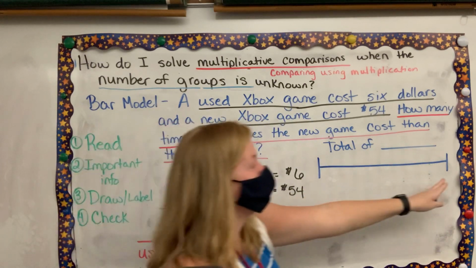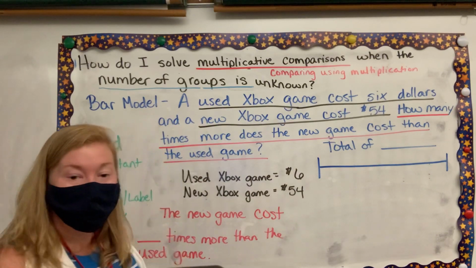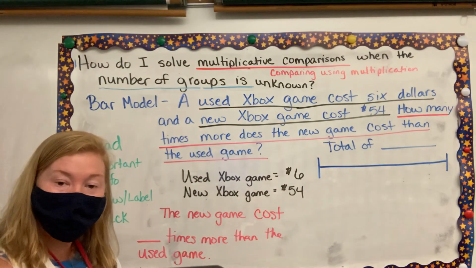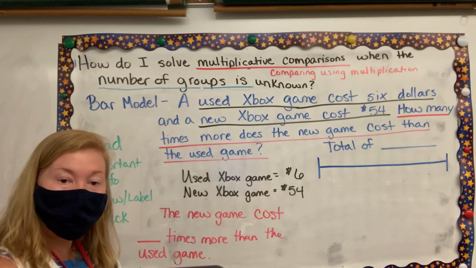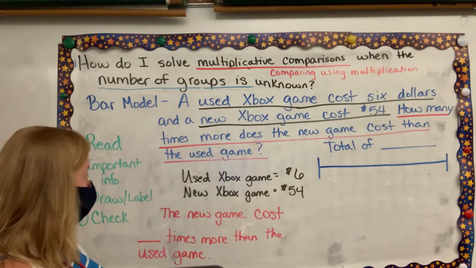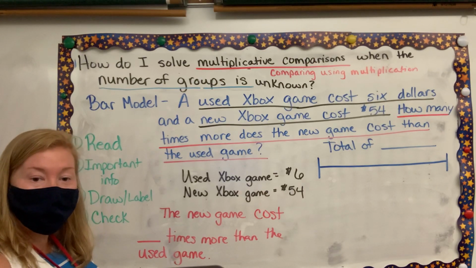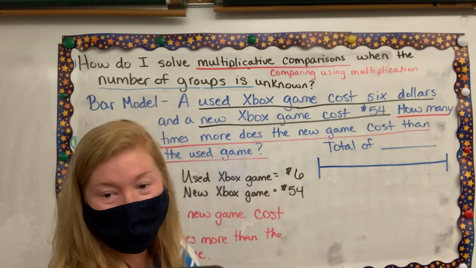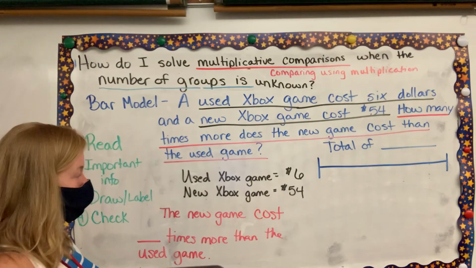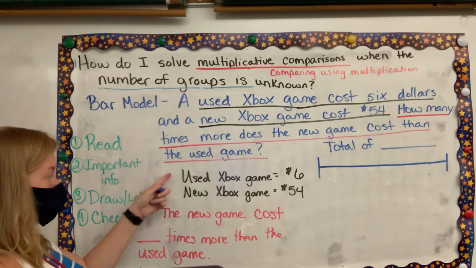From here to here is the total of something. Okay? Do we know the total cost of something? We don't? I think we know the total cost of two things. What do we know the total cost of? Jules? We know the total cost of the used Xbox game and the new Xbox game.